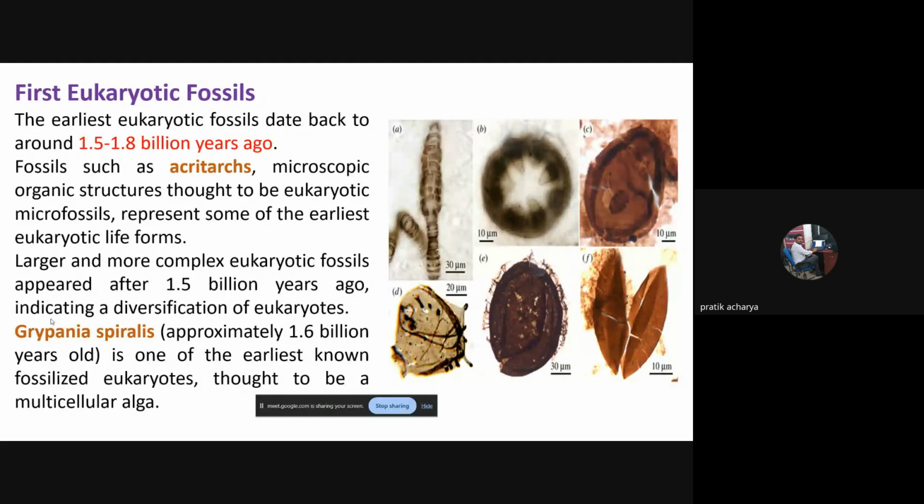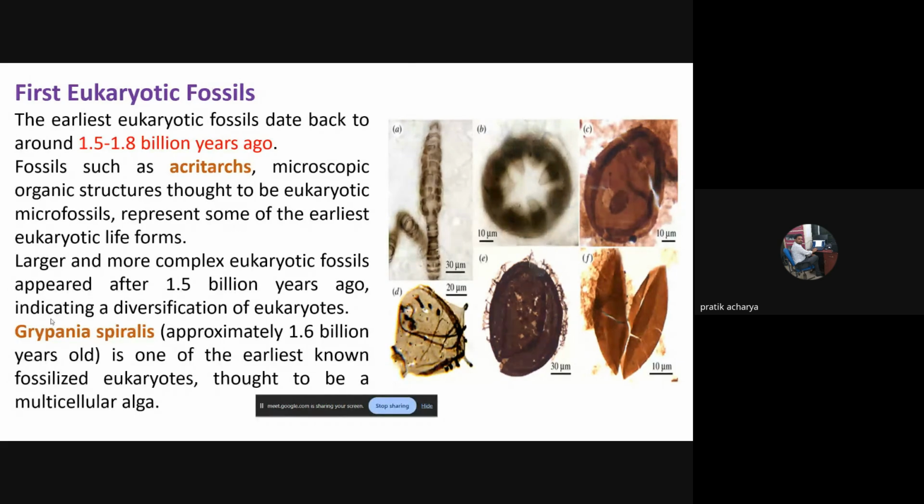Acritarchs are microscopic organic structures thought to be eukaryotic microfossils. Microfossil means a fossil less than 1 micrometer in size. So these acritarchs are considered as the first eukaryotic cells. They represent some of the earliest eukaryotic life forms.